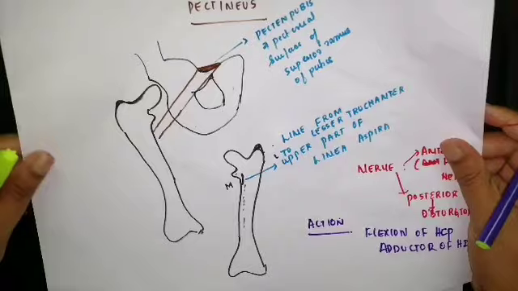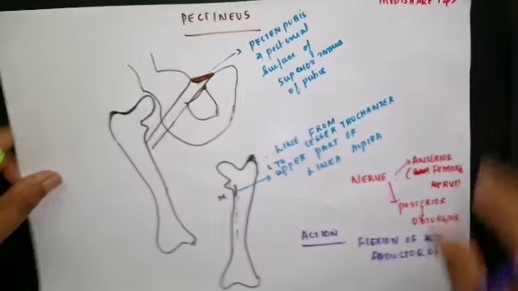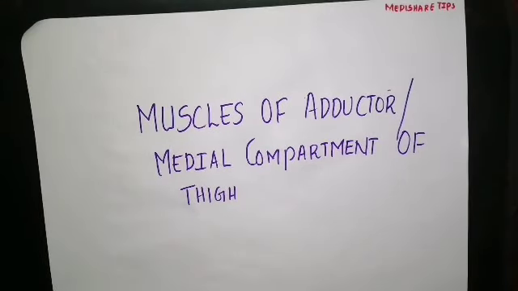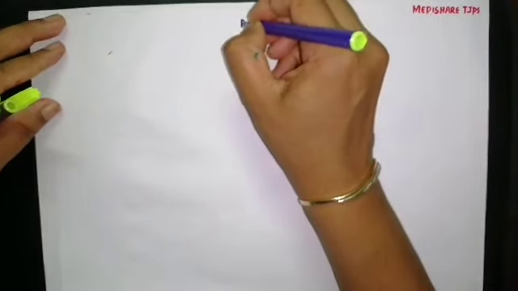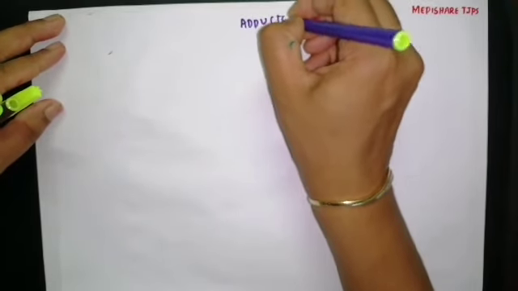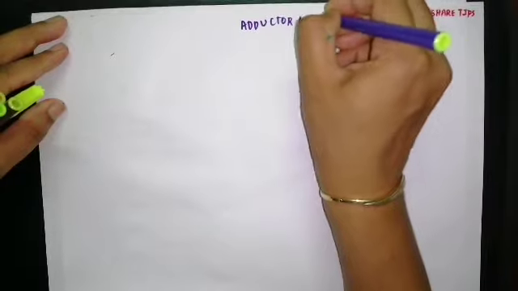Another muscle which belongs to the superficial stratum is the adductor longus muscle. Now we will be drawing the origin and insertion of the muscle here.